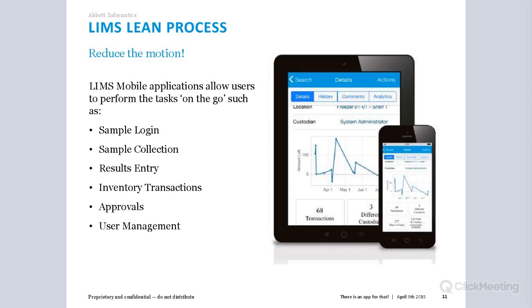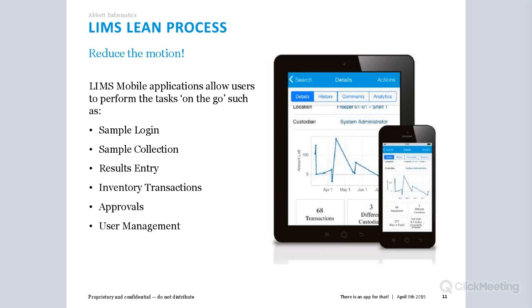The goal of a lean laboratory is to reduce resource usage and costs while improving productivity, staff morale, and laboratory-driven outcomes. There are 8 typical laboratory wastes defined in the lean process, often described as downtime.